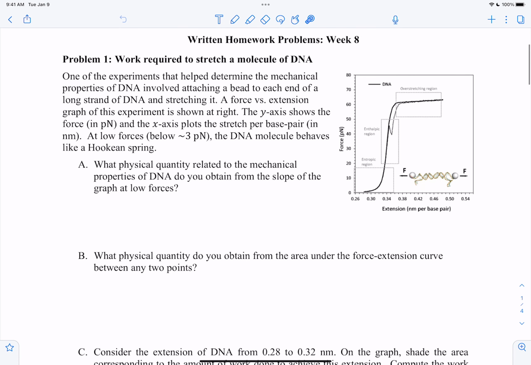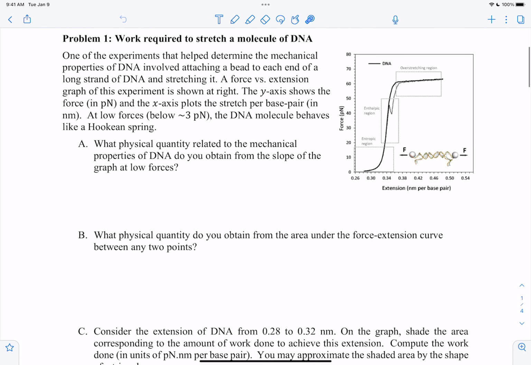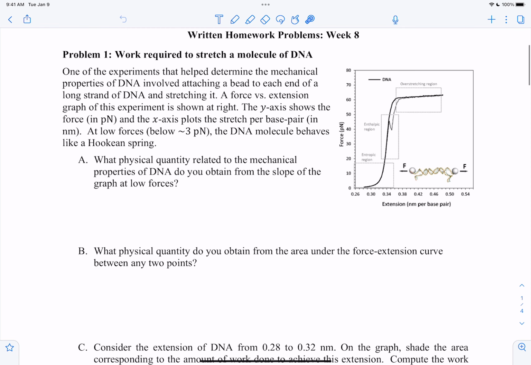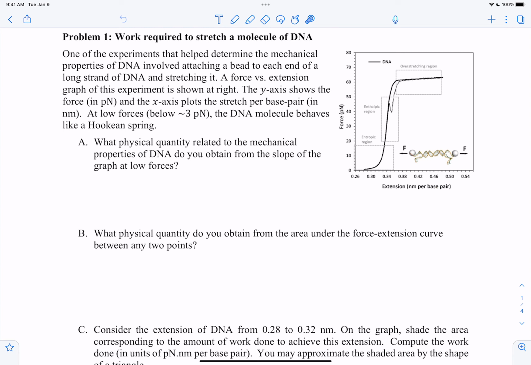But for part A, it's asking what physical quantity related to the mechanical properties of DNA do you obtain from the slope of the graph at low forces? So if you look at the slope of the graph, what are we getting here for the physical quantity? Remember, our slope is the change in y over change in x.